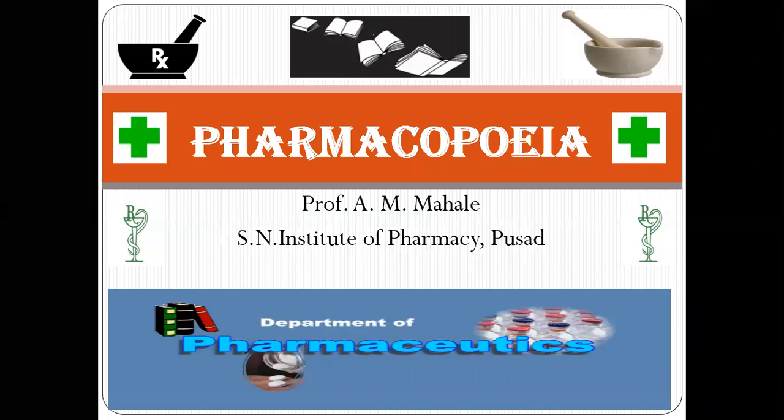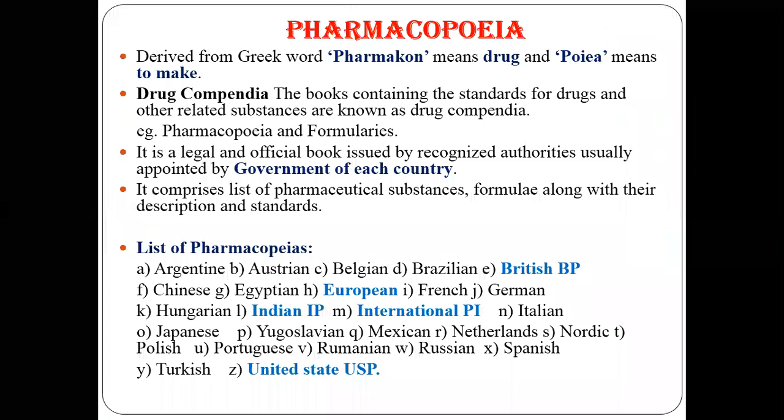Pharmacopoeia. What is meant by pharmacopoeia and its types? The word pharmacopoeia is derived from the Greek language. It is divided into two parts, pharmakon and poia. Pharmakon plus poia is equal to pharmacopoeia.